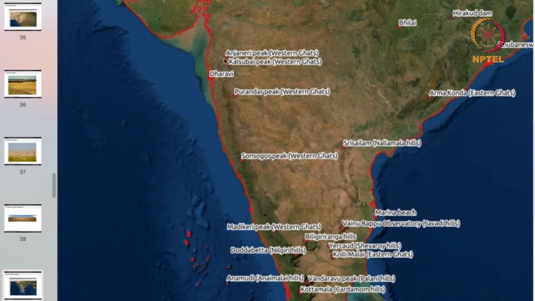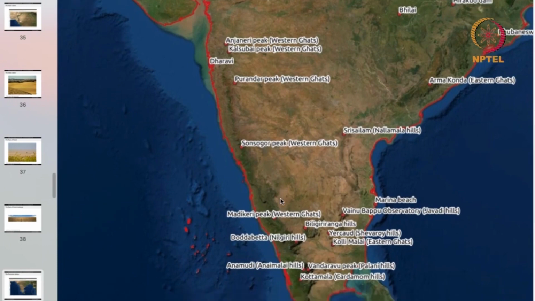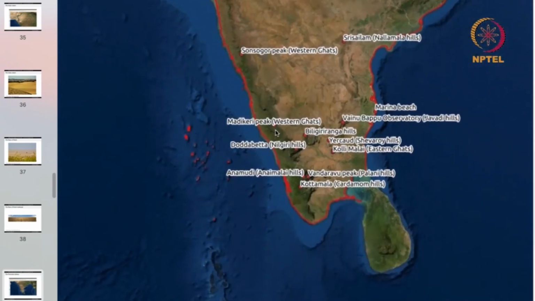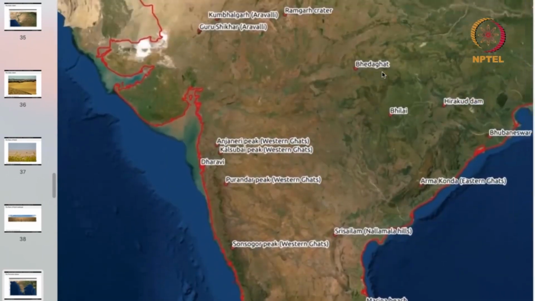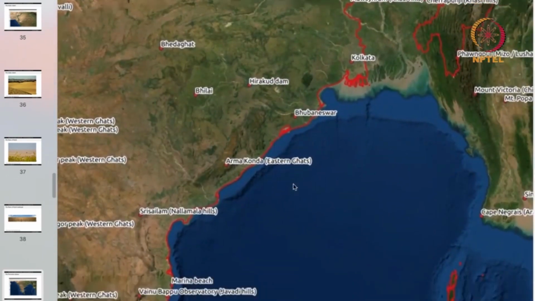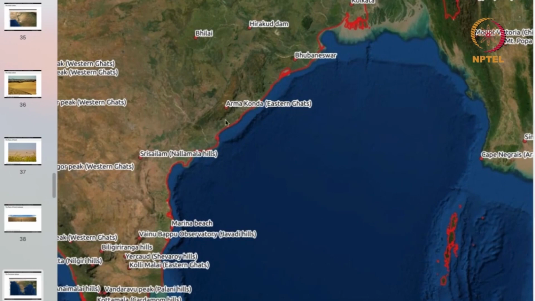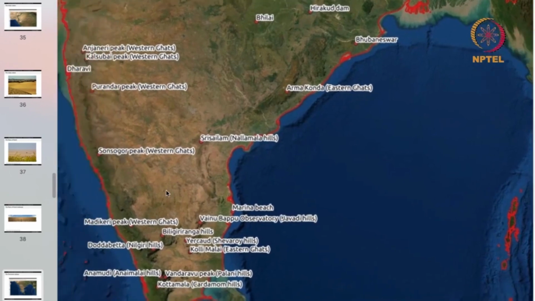Here we have the Anjaneri peak, the Kalsubai peak, the Purandar peak, the Sonsogor peak, and the Madikeri peak. So these are the Western Ghats. We have the Eastern Ghats to the east, with peaks such as Armakonda.